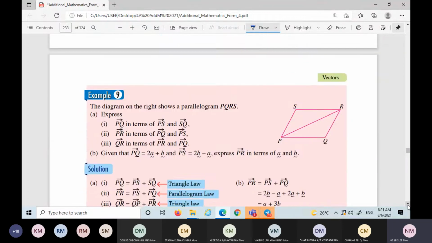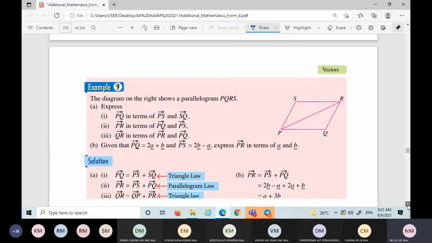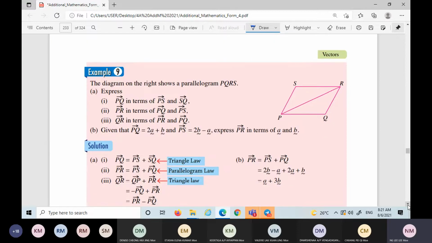Let us go through the example. This is a parallelogram, PQRS. They want you to express PQ by using PS and SQ. So you see, PQ will be the shortcut.